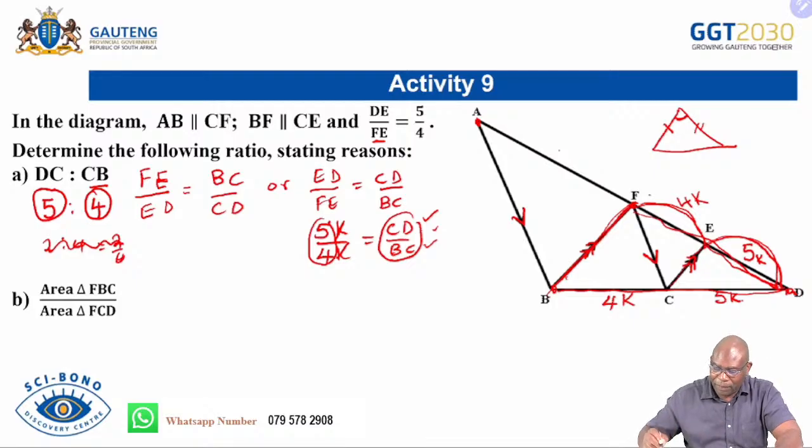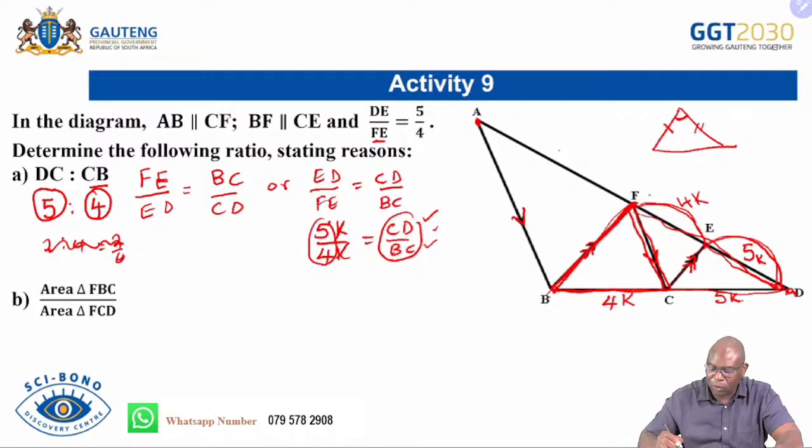But if I check my triangles, I'm going to shape my triangles and see if they are separate. If they are separate, it means that I must do something with the height there. I'm going to check this triangle FBC.